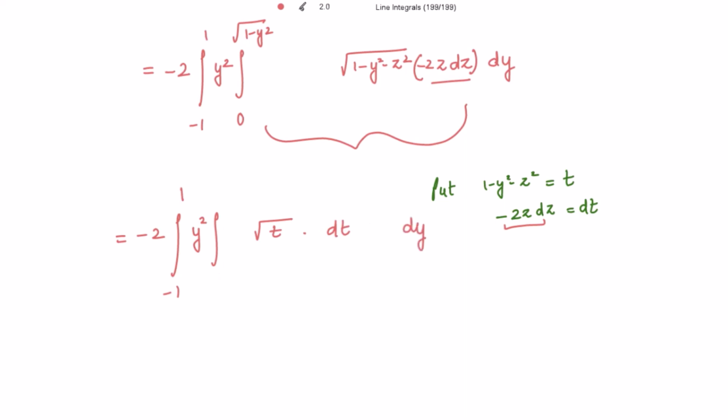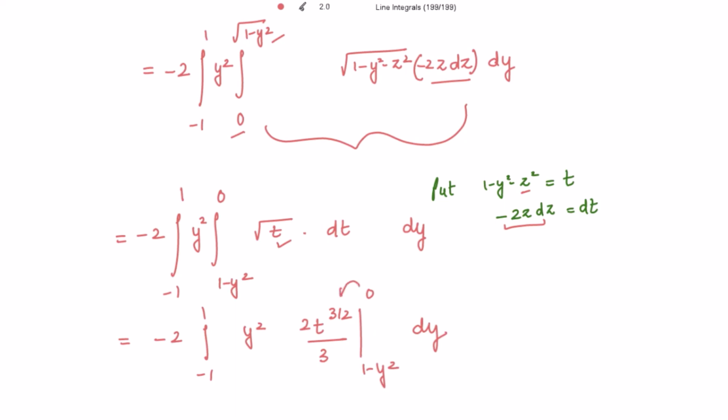The limits become: for z equal to 0, we get the limit for t as 1 minus y square. And for z equal to square root of 1 minus y square, we get the limit of t to be 0. So this is equal to minus 2, integral from minus 1 to 1, y square. Integrating square root t with respect to t, we get t to the power 3 by 2 divided by 3 by 2. This is dy, and the limits are 1 minus y square and 0.